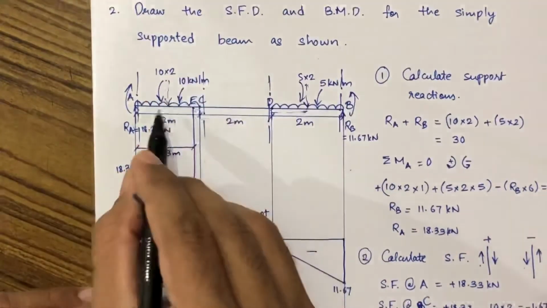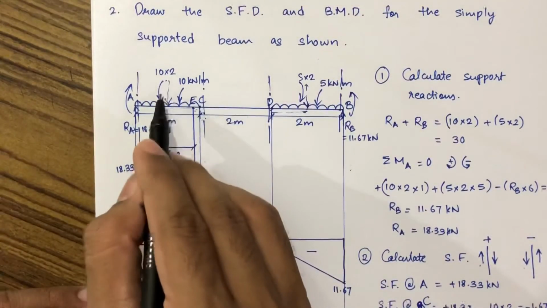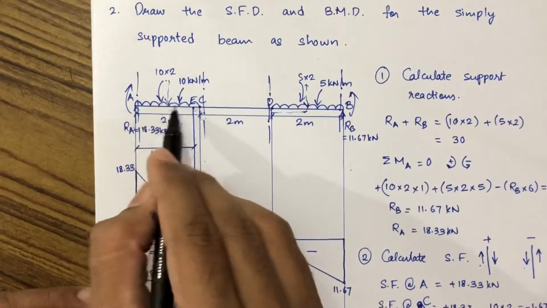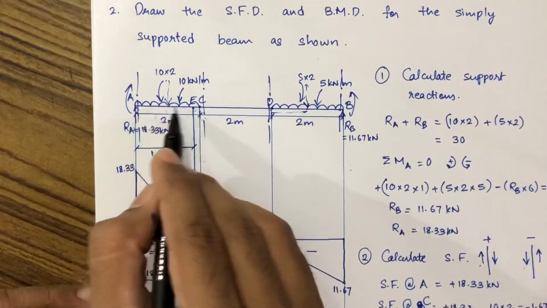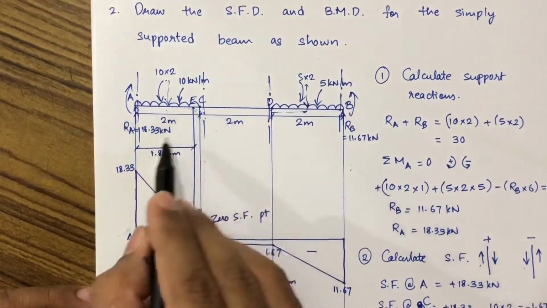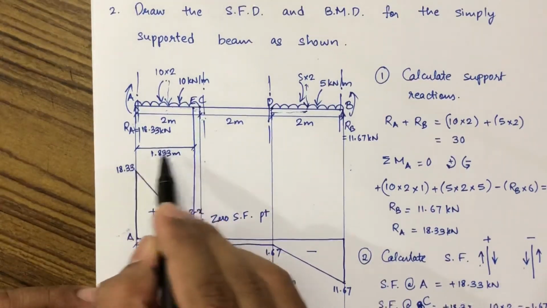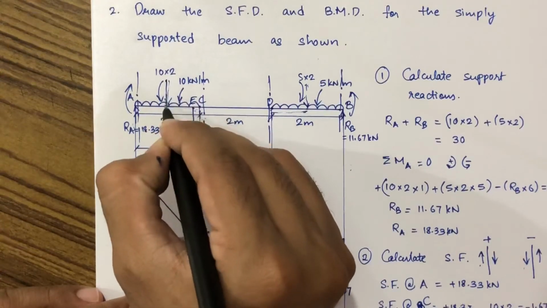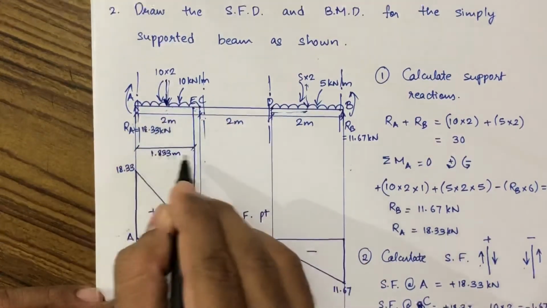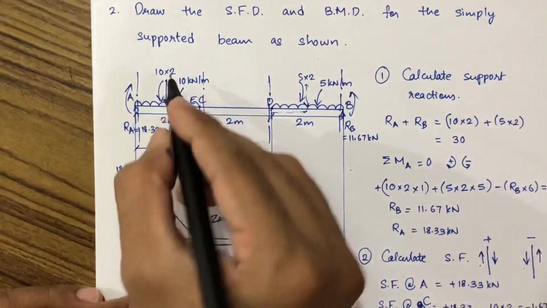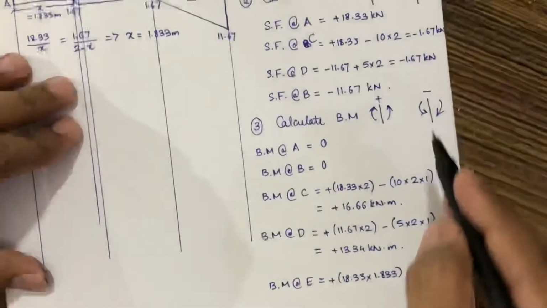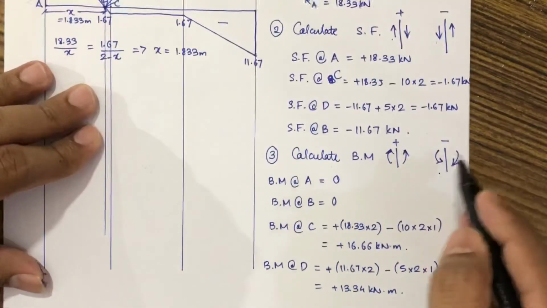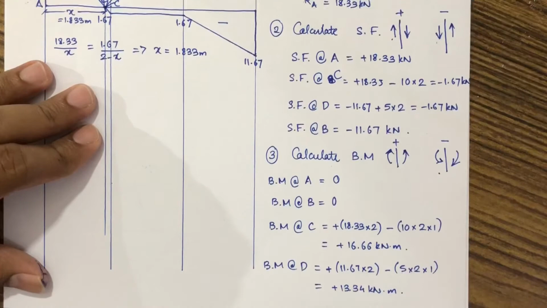Now here this UDL is of 10 kilonewton per meter and we are considering only this much length, 1.833. So this UDL will have its magnitude acting at the center of 1.833, and as it is moving downwards to the left of the section, it is minus.